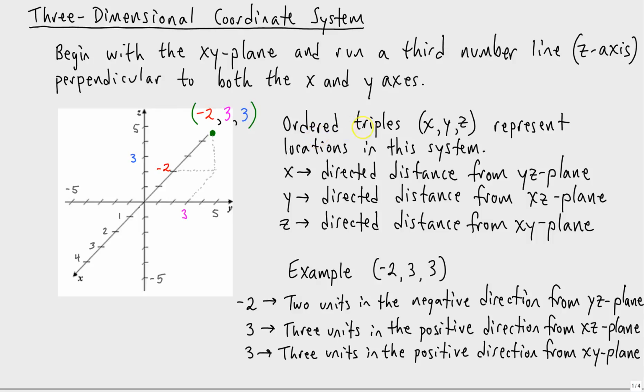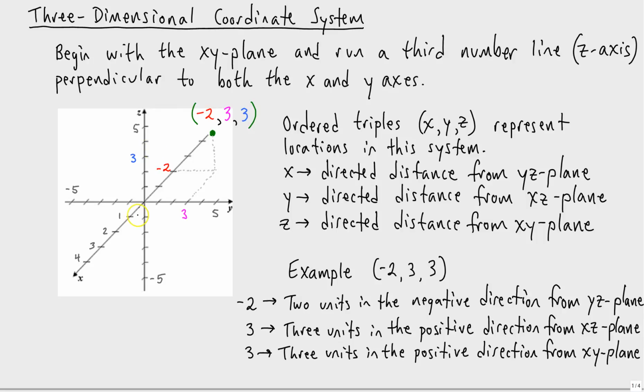Instead of having ordered pairs, we're going to have ordered triples, x, y, and z. So there'll be a third number in our parentheses, where x is the directed distance from the yz plane. So you've got the z-axis and the y-axis. For us, the way I've drawn this, that would be like a vertical wall.